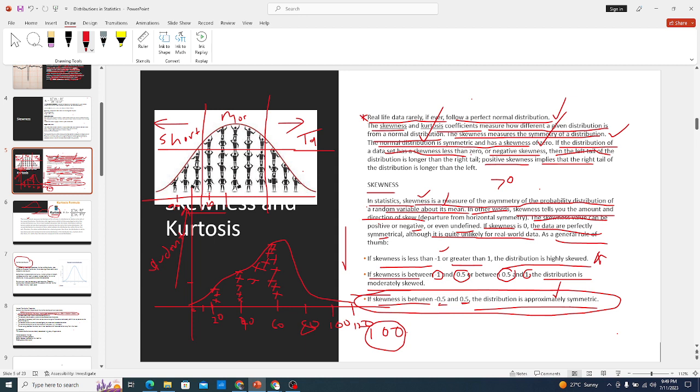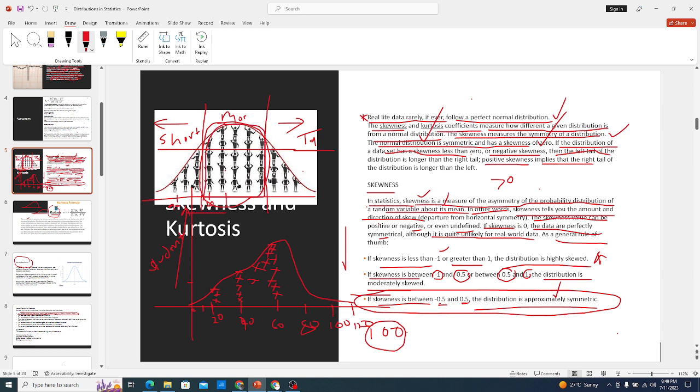So you can see the majority of our students' height falls under this range, maybe between 154 centimeters and 170 centimeters, or 160 centimeters. Majority fall under this part.